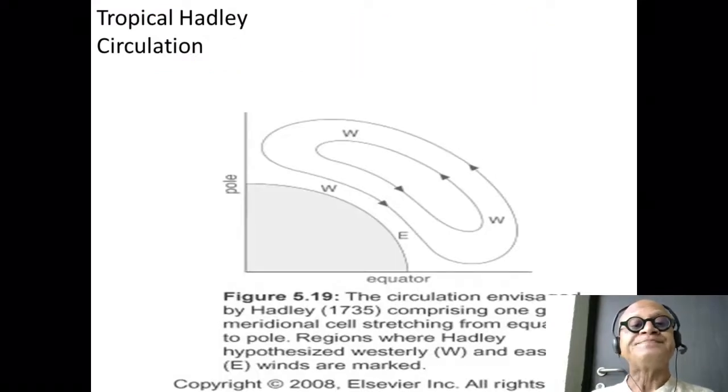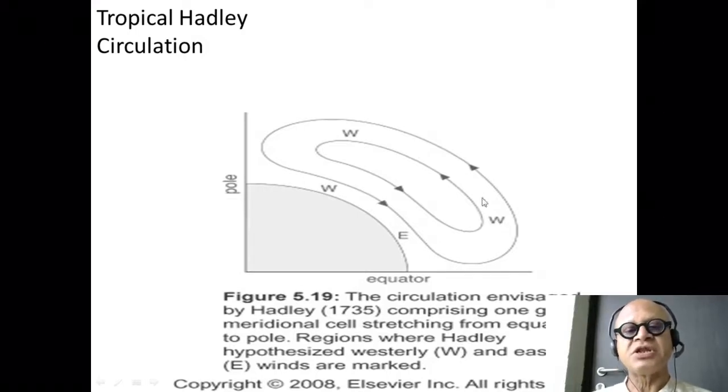Okay. So Hadley, on the other hand, had said trade winds in the deep tropics are explained by the Earth's rotation and its effects on the winds. And he said at high latitudes the winds are westerly all the way from the surface to the upper atmosphere, and the deep tropical easterlies become westerlies in the upper atmosphere.